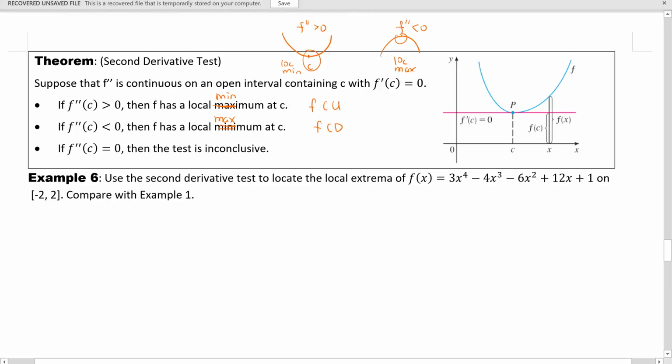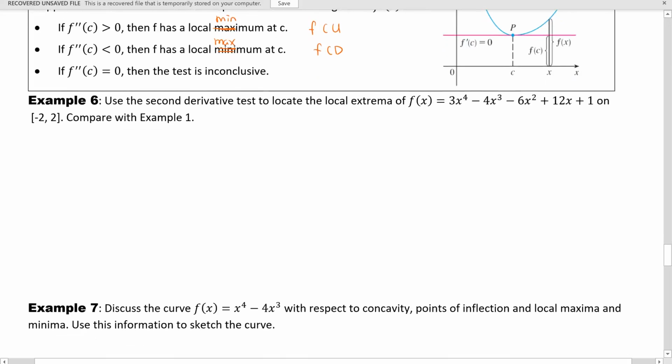Okay, so example 6. Use the second derivative to locate the local extrema of this function on -2 to 2, compare this with example 1. So we already finished this problem in example 1 using the first derivative test.